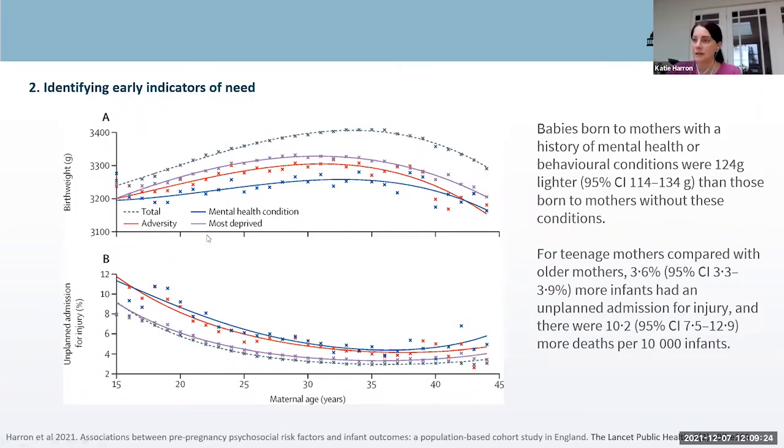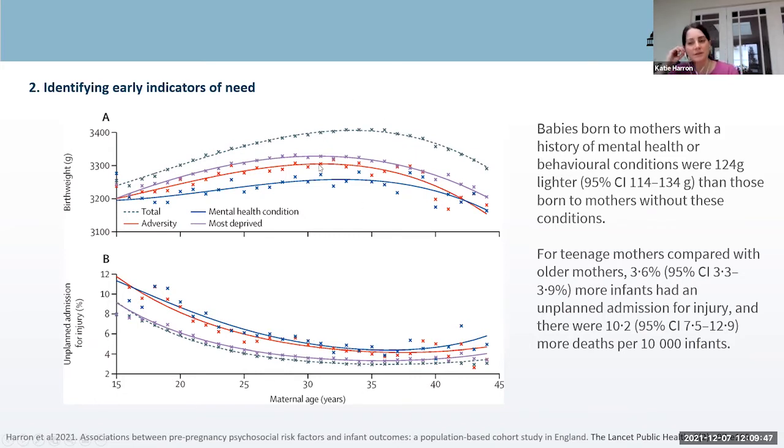It shows the relationship between maternal age along the bottom and birth weight in the top plot, and unplanned admissions for injury in the second plot. And you can see that there's a strong pattern according to maternal age, and that the best outcomes are seen for mothers around the age of 30 to 35.